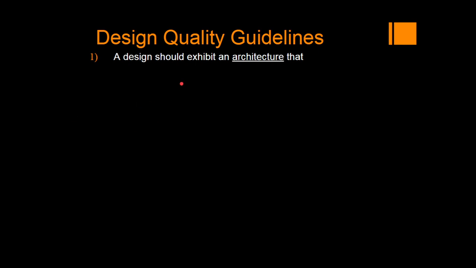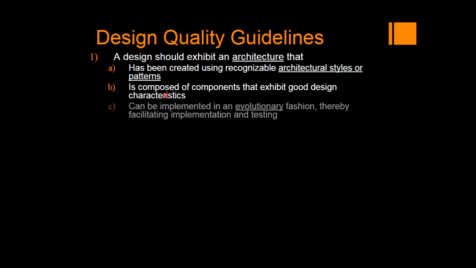A design should exhibit an architecture that has been created using recognizable architectural styles or the patterns. We should follow the proper quality standard. It is composed of components that exhibit good design characteristics, and can be implemented in an evolutionary fashion, thereby facilitating implementation and testing. That means what is evolutionary is we can keep on improving the nature of the work.